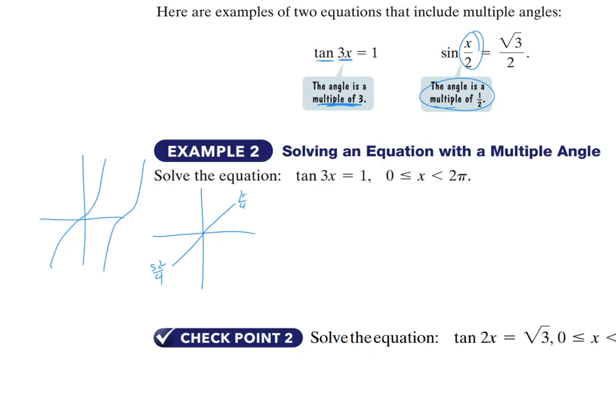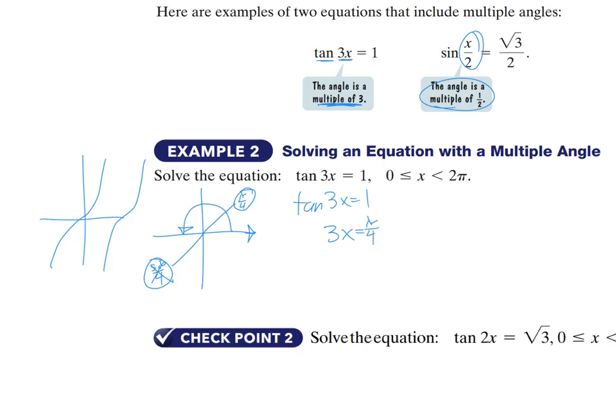And so we only need to look at the values that are solutions from 0 to pi. So 5 pi fourths works, but I'm going to go pi fourths plus pi, which will give me 5 pi fourths. So this 5 pi fourths will be taken into account when I do my plus n pi here. Okay, so tangent of 3x equals 1 when 3x equals pi fourths.